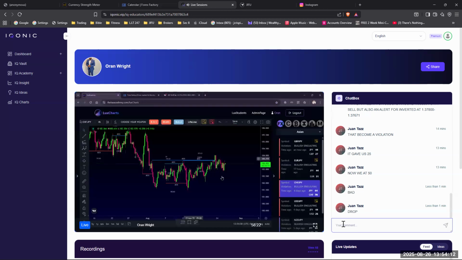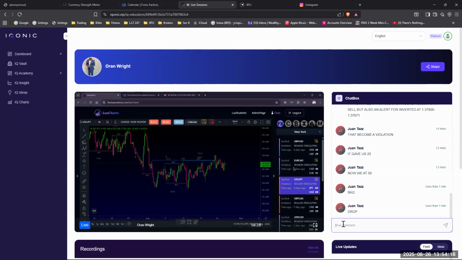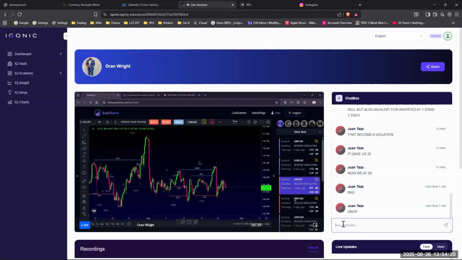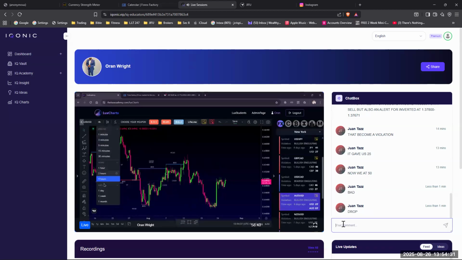So when we look at a pair that on July 9th, if that was bad news, let's take a look at AUD/USD. Right here. Let's go over to July 9th and let's see if we had a setup based on that news.